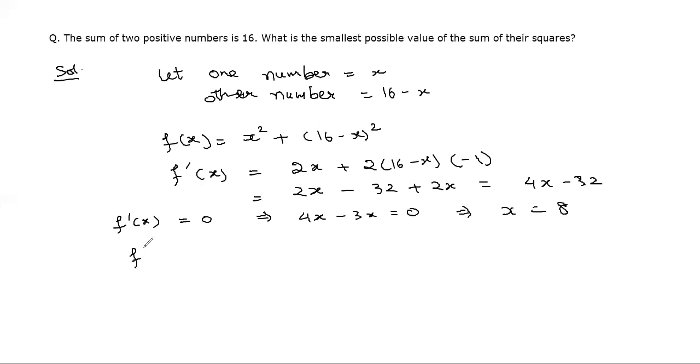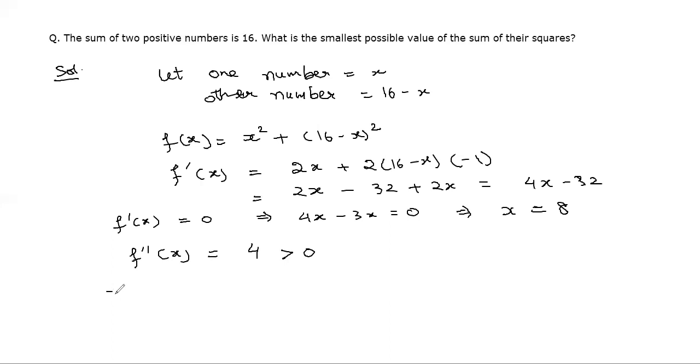Now finding the second order condition, that is finding the second derivative and testing whether it is positive or negative. The second derivative is the derivative of 4x minus 32, which is 4, that is greater than 0 for all values of x and hence for the critical point as well.